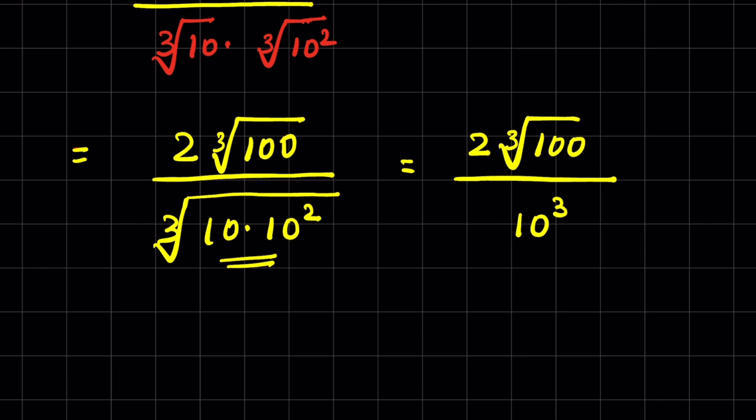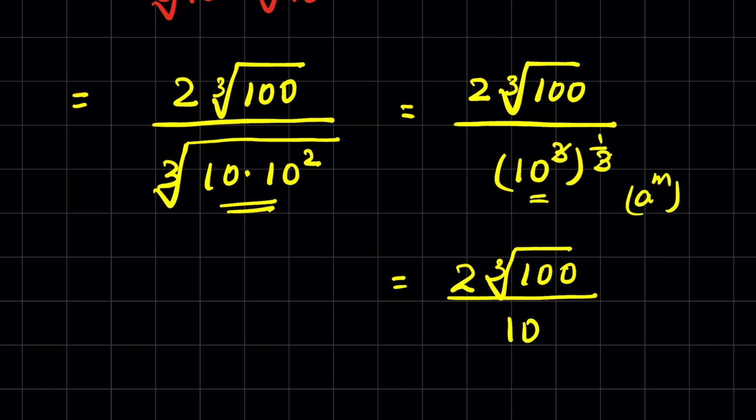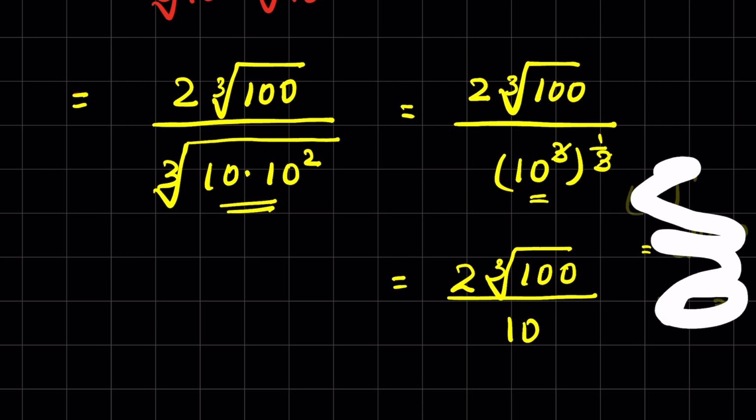Then under cube root means it is raised to the power of 1 upon 3. So it is 2 times cube root of 100 upon 10, because it is in the form of a raised to the power m whole raised to the power n, which is equal to a raised to the power m times n. So 10 raised to the power 3 times 1 upon 3, and this 3 and this 3 get cancelled.